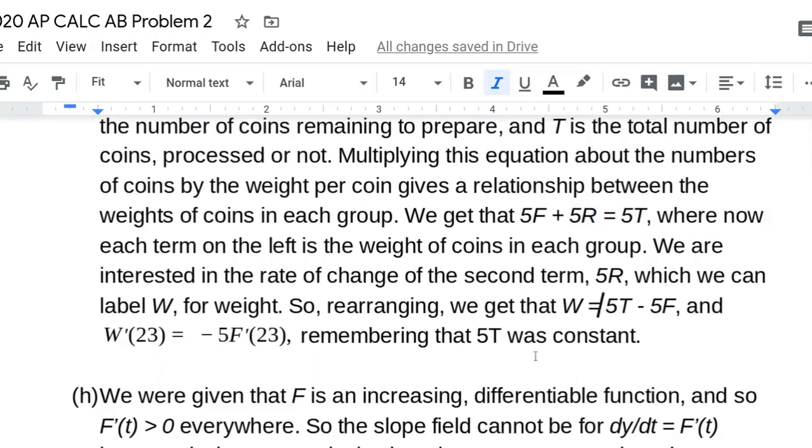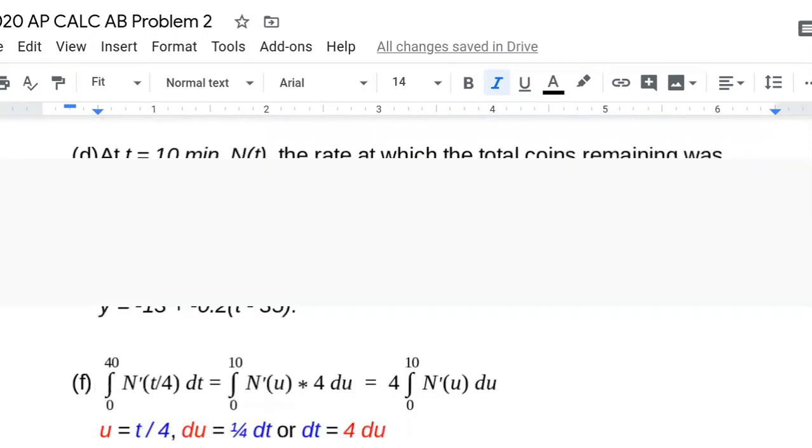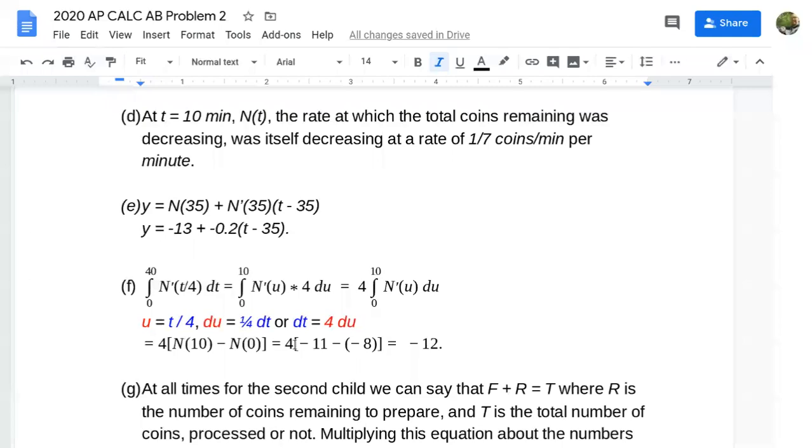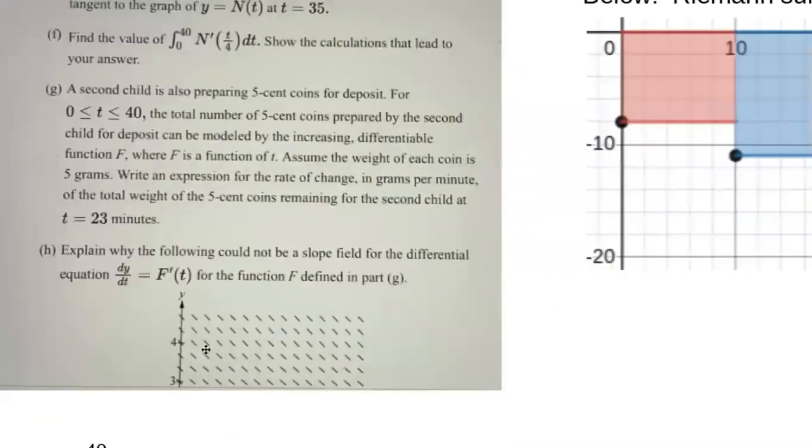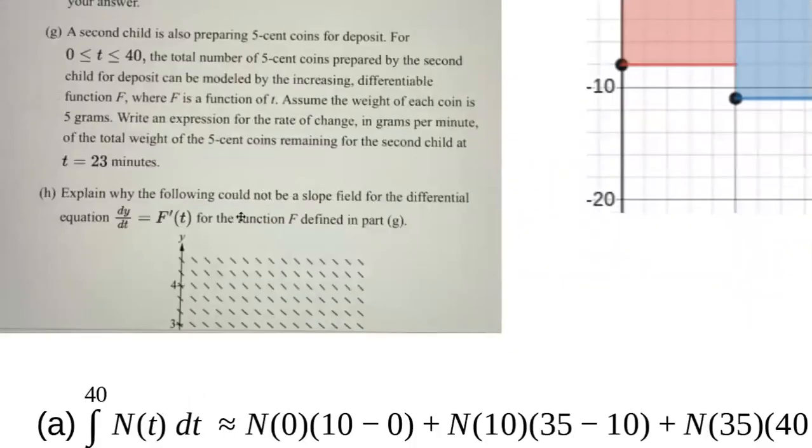Doesn't change. In H, they're looking at a slope field and wanting us to explain why the following could not be a slope field for the differential equation dy over dt is equal to f prime of t for the function defined in part G. So remember, f was a function giving us the number that are finished, and so the number of finished coins, the ones we finished preparing, would increase.